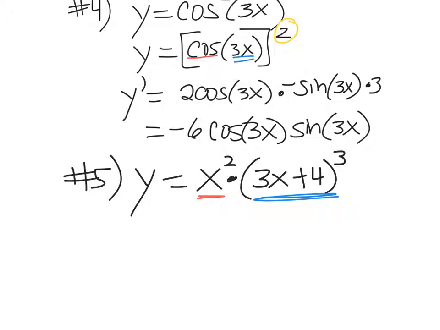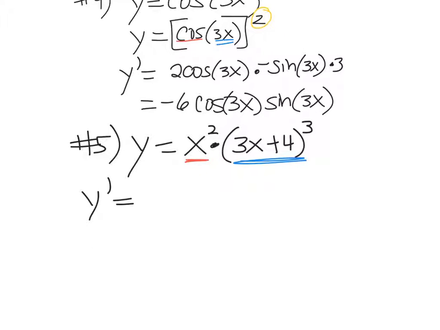All right, so we're going to take the derivative by doing a times b prime plus b times a prime. So let's do it. A is x squared times b prime. So b prime, this is chain rule. We have an outer function, which is a cubed function. We're going to bring the 3 down to the front, leaving 3x plus 4 alone.